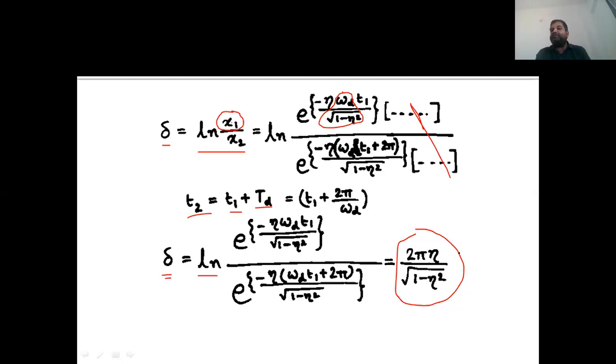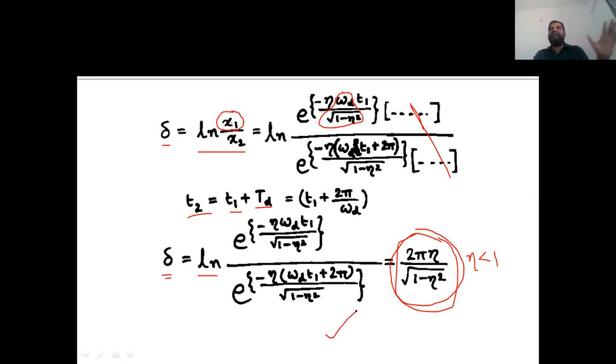We have converted this equation in terms of damping ratio. So if you know the value of damping ratio, then you can easily calculate the decrement in the motion, or the rate of decrement in the motion, where definitely your eta value should be less than 1 because it is applicable only for the underdamped free vibration case. So this equation is only valid for the underdamped free vibration case.